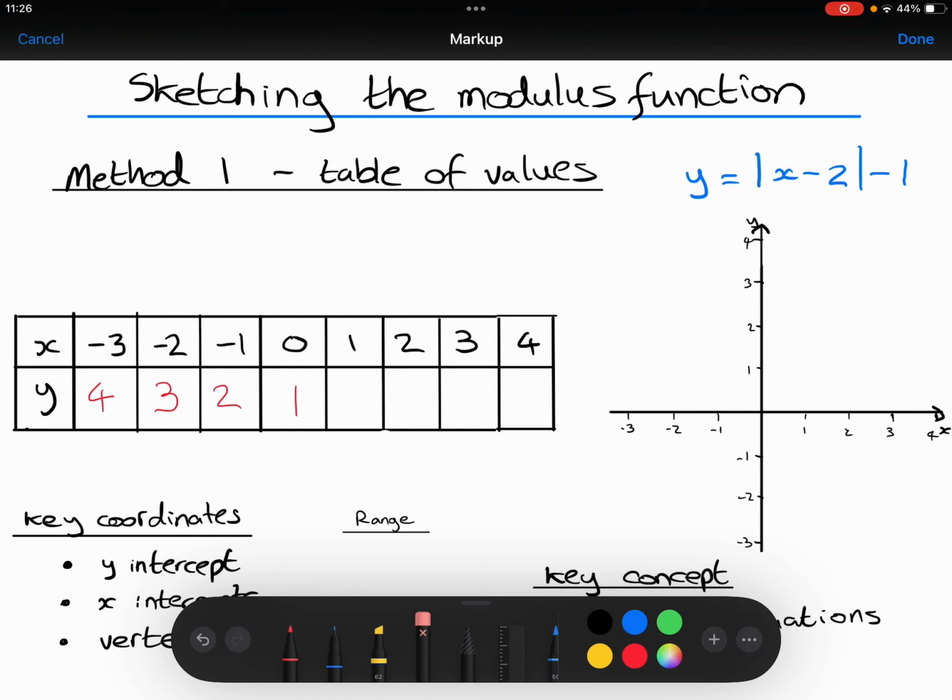Next, substitute the 1 in. 1 minus 2 is -1. The modulus of -1 is +1. Subtract the 1 is 0. So just notice at this point that all of these values here, the modulus changed the sign for.